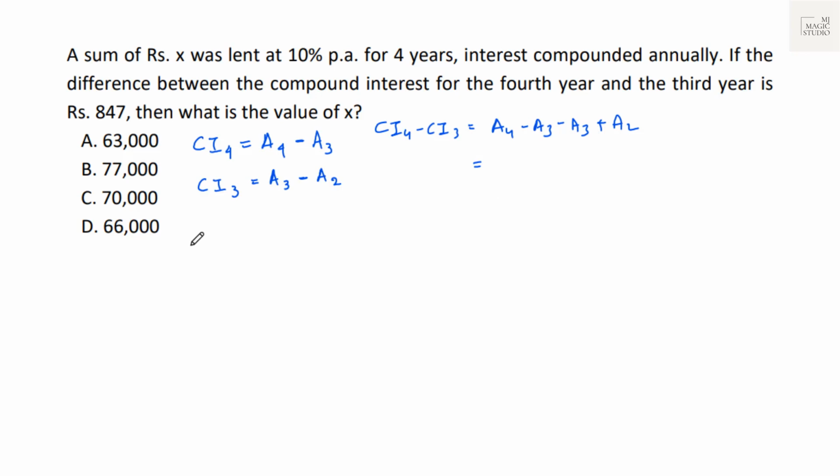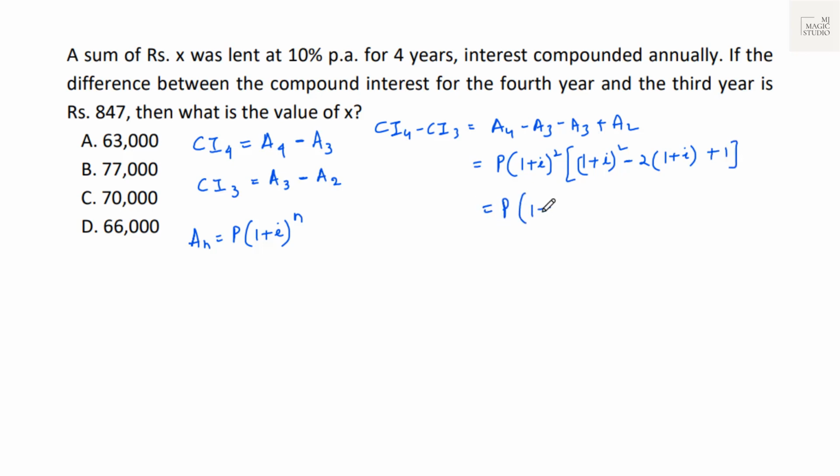Clear? So now what is An? We know An is P into (1 plus I) to the power n. So A4 is the bigger one, A2 is the lesser one. So P into (1 plus I) whole square, if we take common, we would be left with (1 plus I) whole square minus twice of (1 plus I) plus 1.